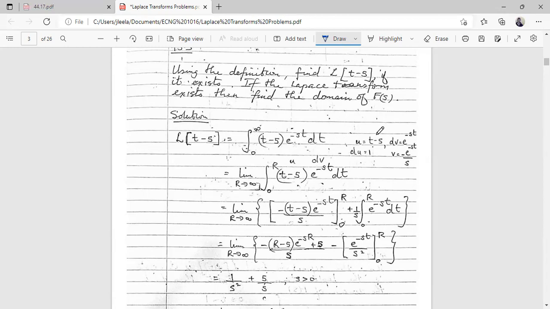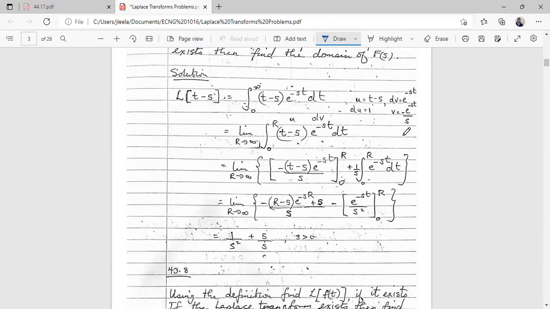So what we could do is a little integration by parts here. We could call u t minus 5, we could call dv e to the minus st, right? So du will be, you differentiate with respect to t here, you will get 1, right? And then v will be the integral of this, so you have to divide by minus s, which is minus e to the minus st over s, right?